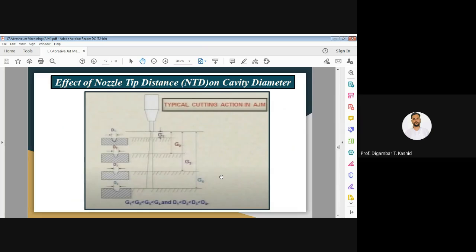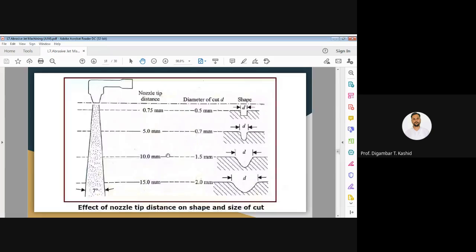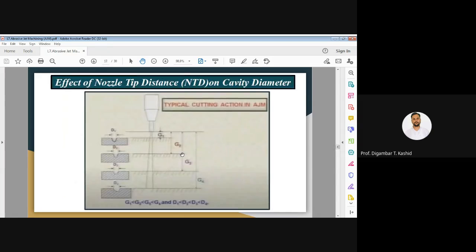Whatever statistics I have shown come from different literature reviews or research papers mentioned in the book. In that book also they have different case studies and literature surveys, and through that literature survey they come to one ideal condition.